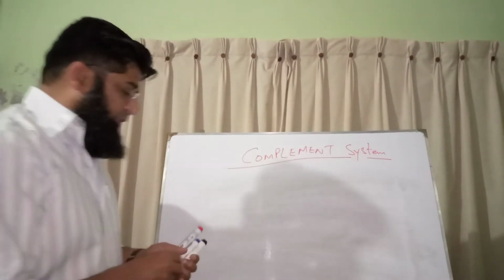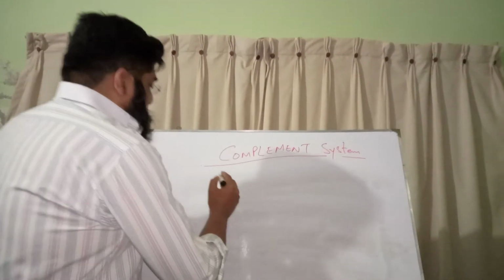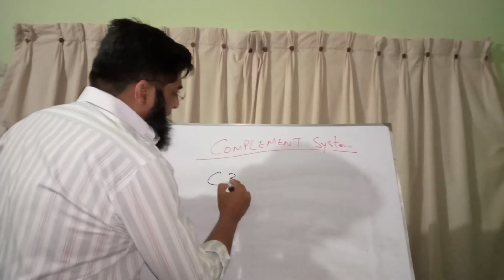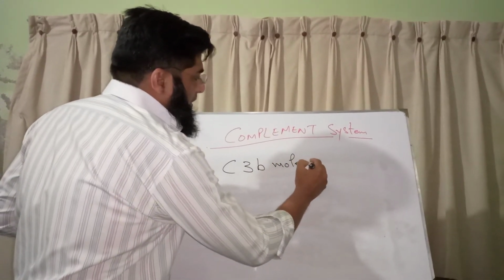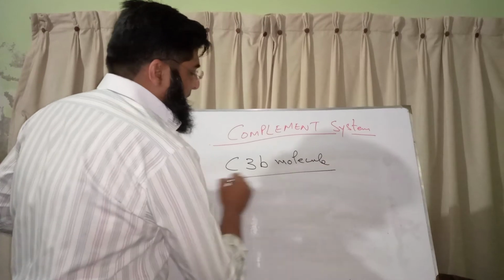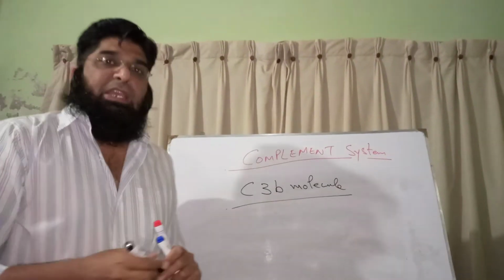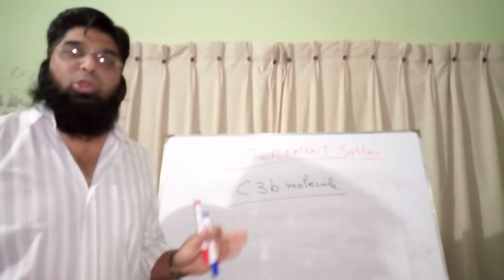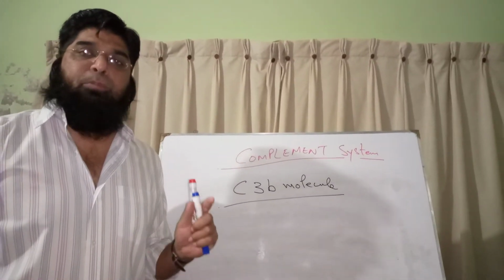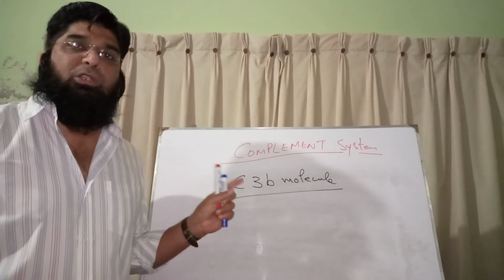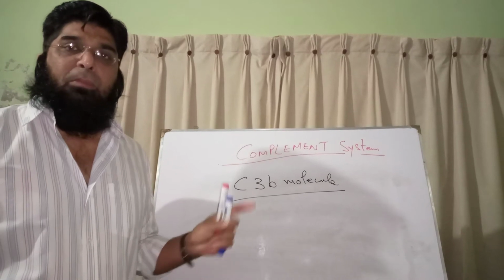Now we move to the C3b molecule. Students, the C3b molecule is the main product of all the three pathways.